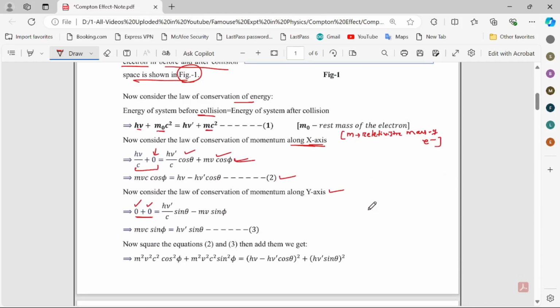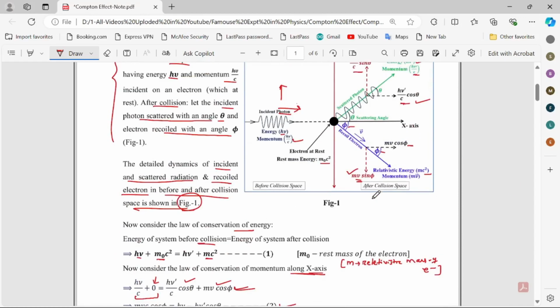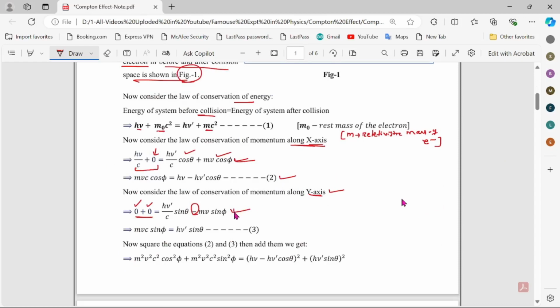So net momentum along y axis will be h mu dash by c sin theta minus mv sin phi. Here the minus sign is nothing but both are opposite with each other, right? So from this equation we can find mvc sin phi equal to h mu dash sin theta, right?